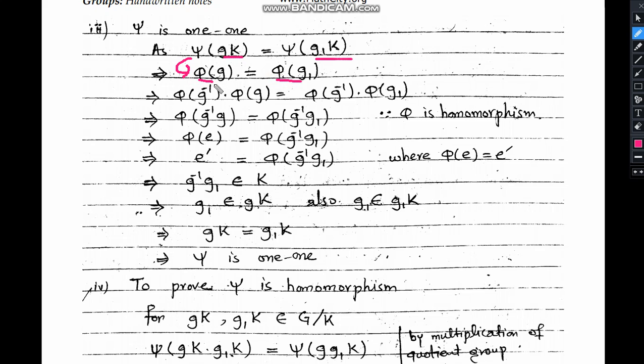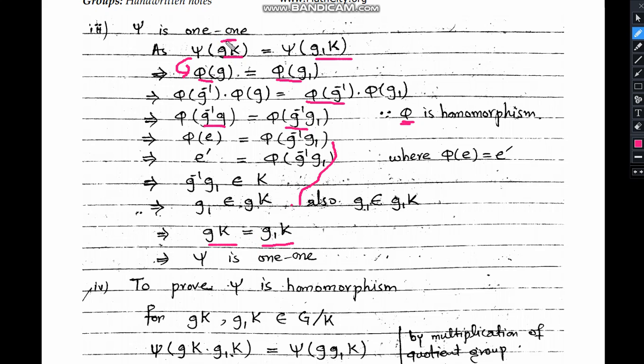Similarly, on the right hand side, again we are multiplying both sides by phi of G inverse. Here we are applying the definition of homomorphism, because phi is a homomorphism, and solving this in this manner, we are seeing that this Gk is equivalent to G1k.